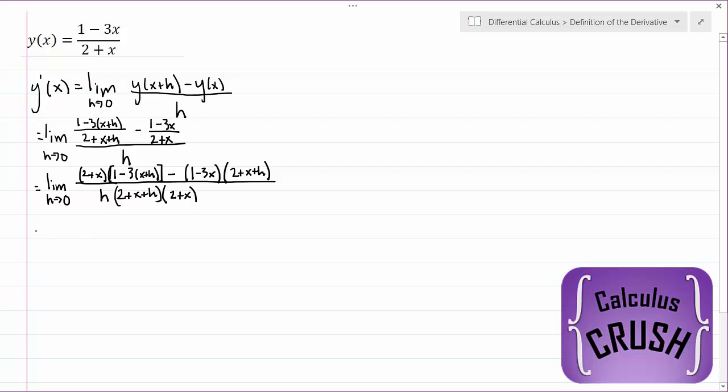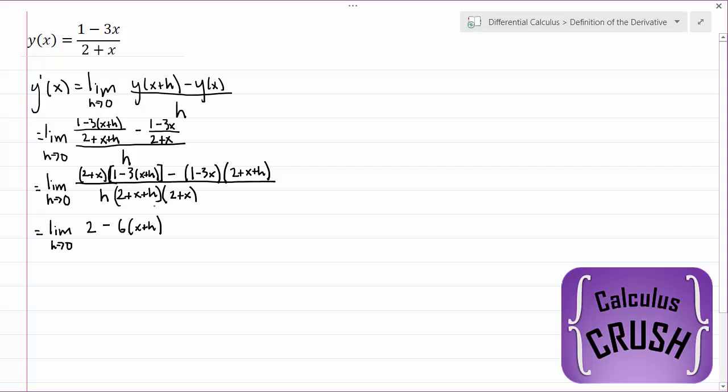Okay, let's start to expand these expressions now. The limit as h goes to 0. What we're going to find is we're going to expand this and we're going to be able to cancel out a lot of stuff. First we have 2 times 1, which is 2, minus 2 times 3(x plus h), which is 6(x plus h).